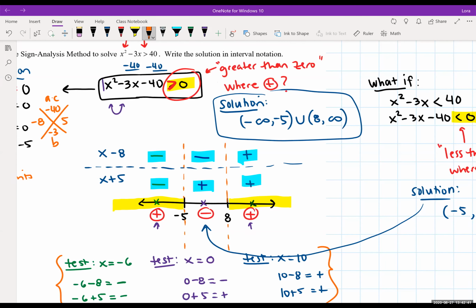So maybe I'll draw that in orange. In the yellow regions, you end up having a part of the parabola that is above the x-axis. And when you're talking about negative regions, you're looking at the part of the parabola that's below the x-axis. So you actually have yourself a nice little rough sketch of what your function could look like.